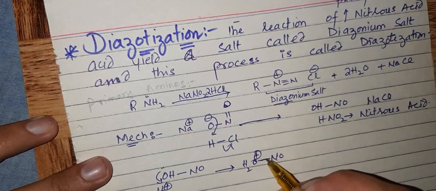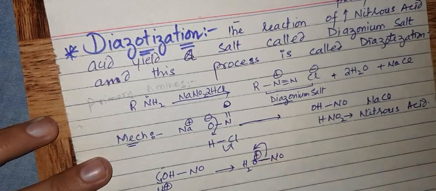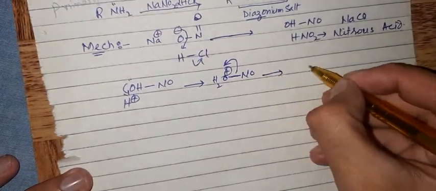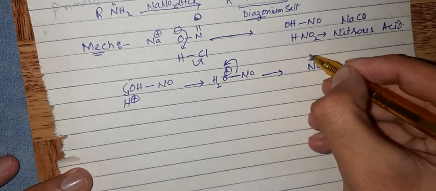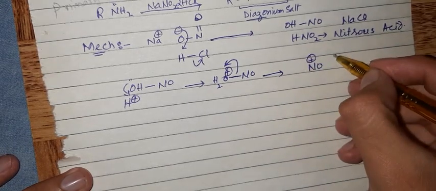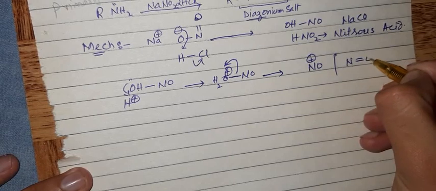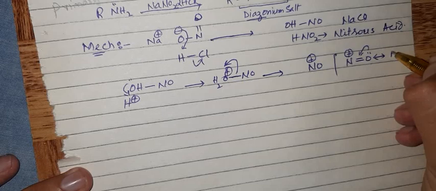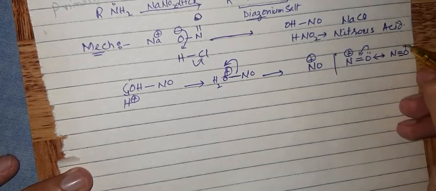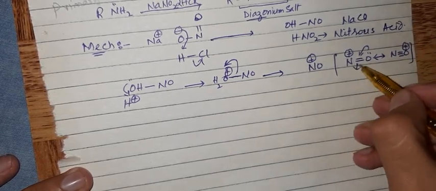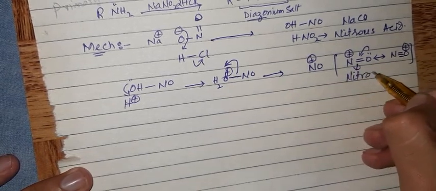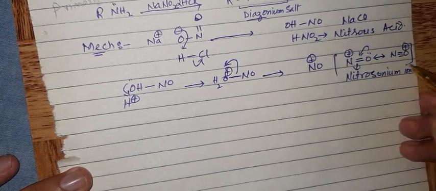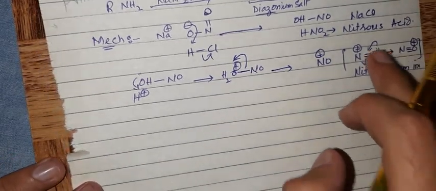This leaves as a stable water molecule, and we get a species called nitrosonium ion, and the structure is like this: N double bond O positive, or this lone pair comes here, and we get N triple bond O with a positive charge here. This is the nitrosonium ion. This is the reactive part of this reaction.